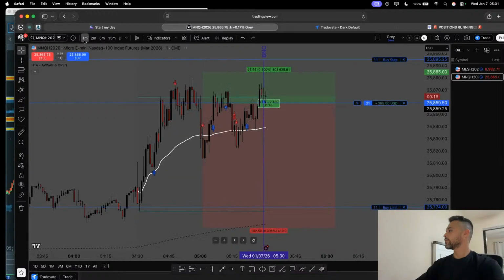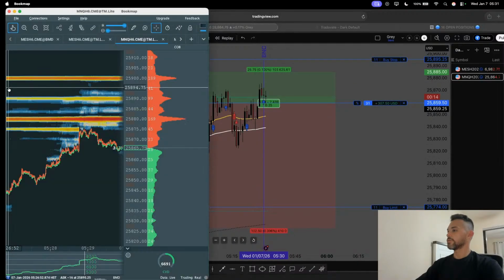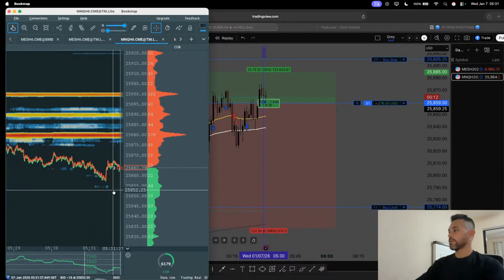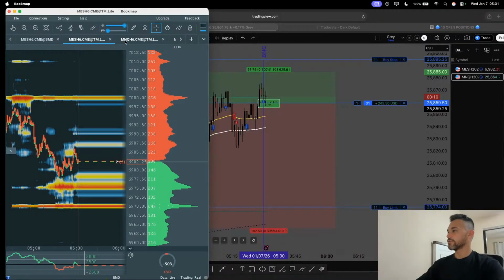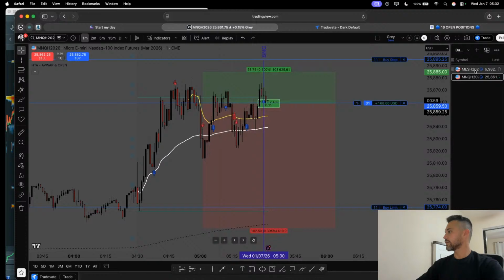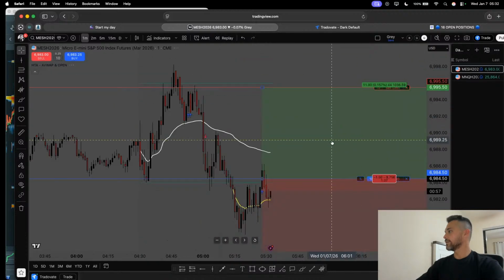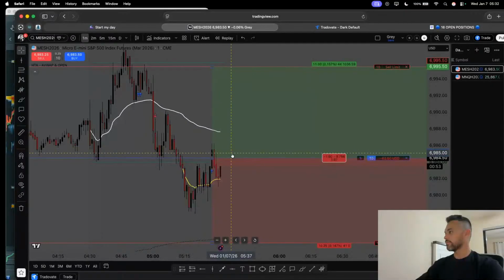It is 5:30. I may have to be jumping off soon. But just before I get off, looks like CVD is starting to reverse on MES. So maybe we do hit these 699 levels. What I'd like to see ideally is price, yeah, it just rejected that handoff VWAP beautifully.